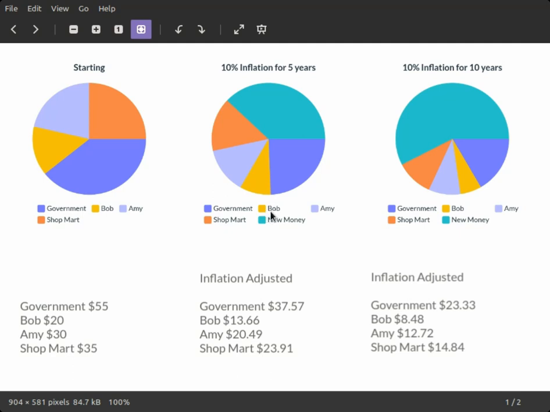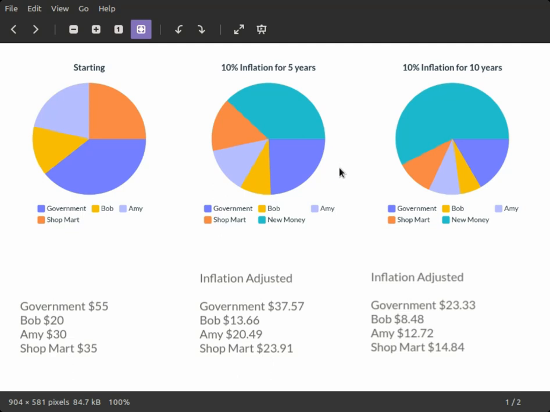So Bob here is still making $20, but it only has about $13.66 worth of buying power, because despite the number not changing, it's a smaller piece of the pie.